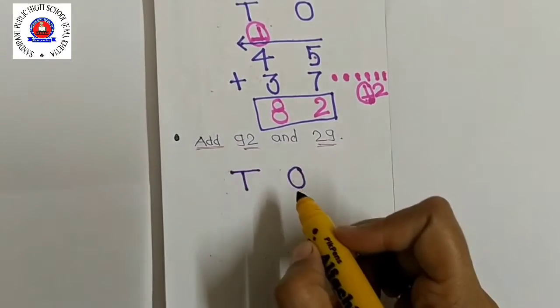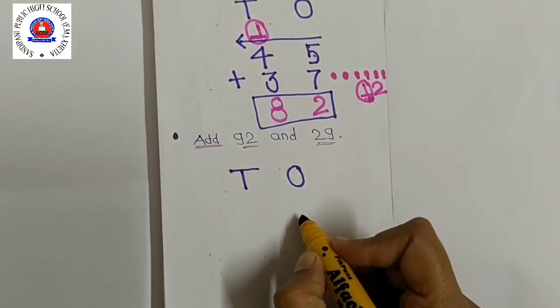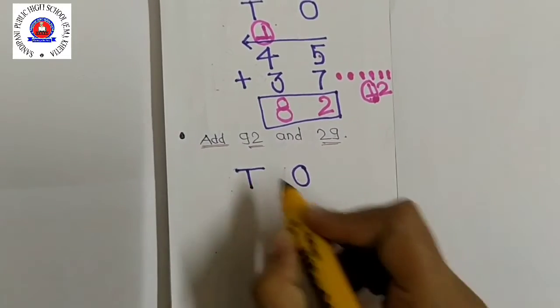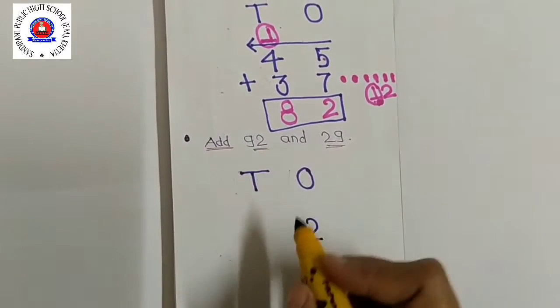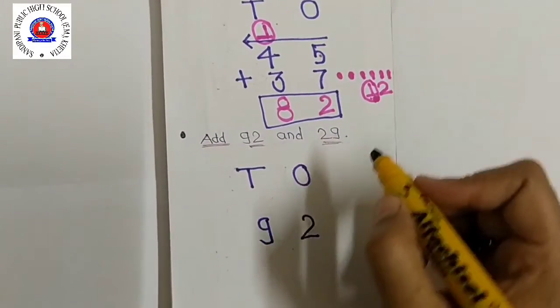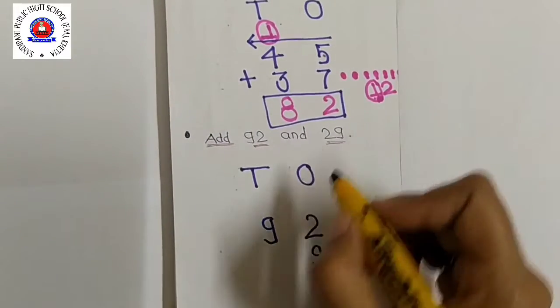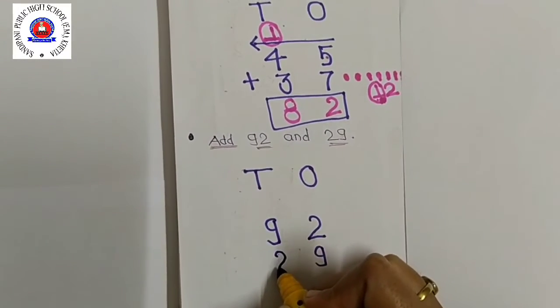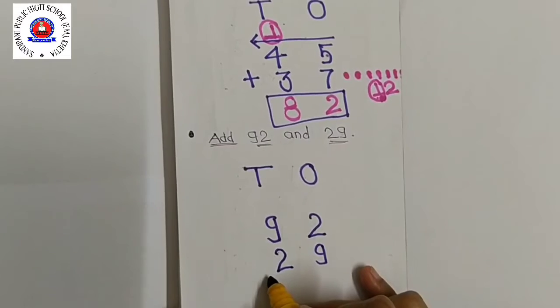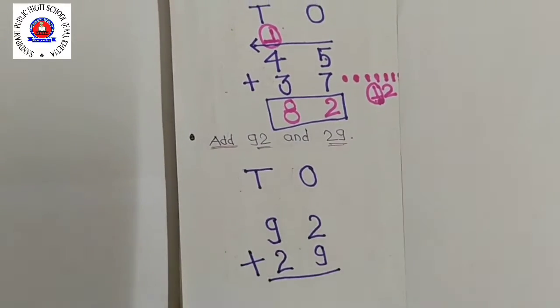Arrange these numbers in columns. So in 92, 2 is written in the ones column and 9 in the tens column. And in 29, 9 is written in the ones column and 2 in the tens column. So now here draw the line and put the plus sign.